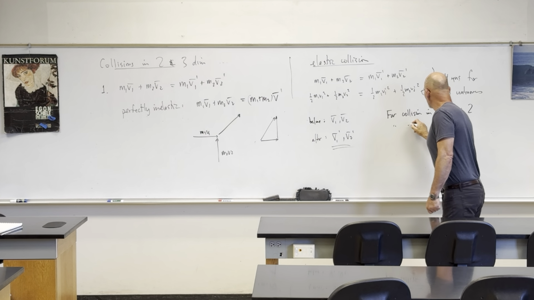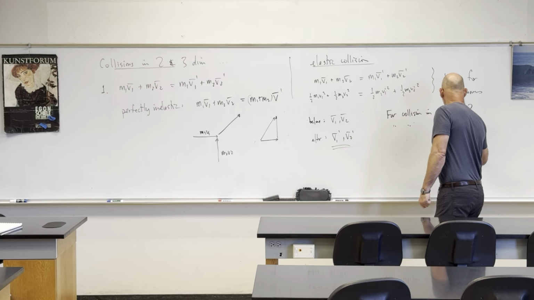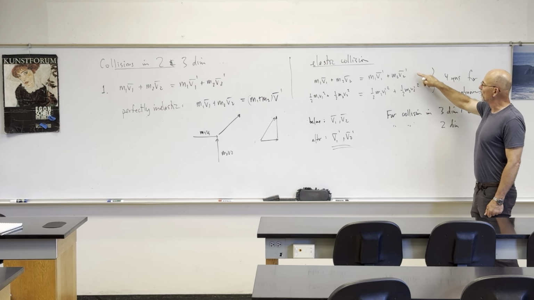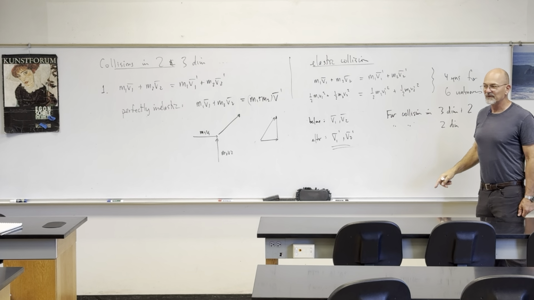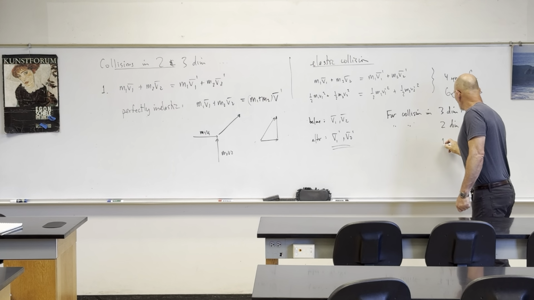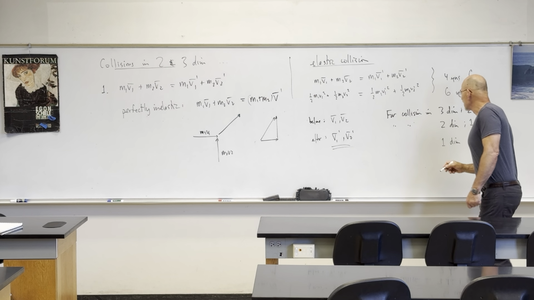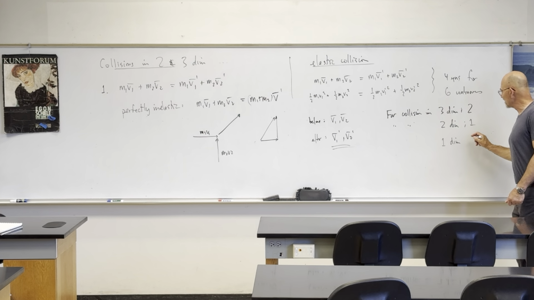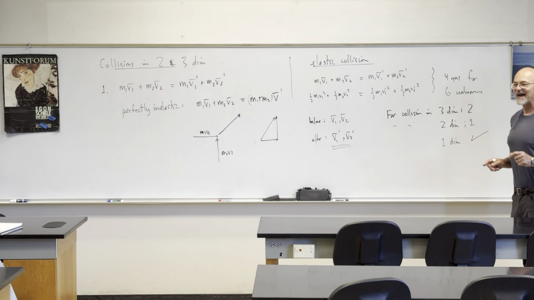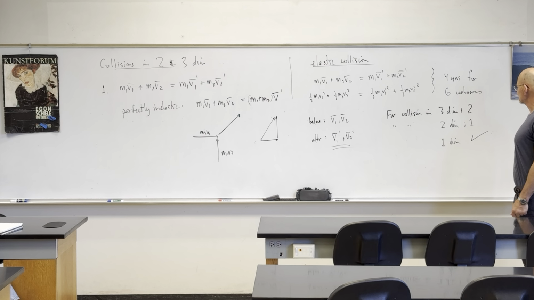For the collision in 2 dimensions, we have 1, 2, 3 equations for 4 unknowns. In 1 dimension, we have 2 equations and 2 unknowns. 1 dimension is the one we just solved. So that was the one that can be solved exactly without knowing anything more about the system.